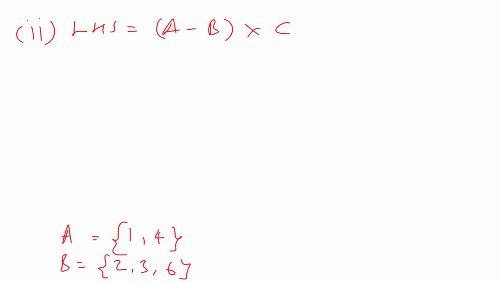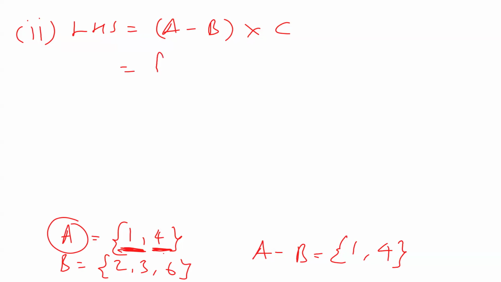So A minus B. This is the minus operator. Keep focus on set A. 1. Is this object 1 in set B? No. So just include it. 4. Is this 4 in set B? No. If it is there, then don't include it. If it is not there in set B, include it. Okay. 1 comma 4. So we got A minus B, that is 1 comma 4.